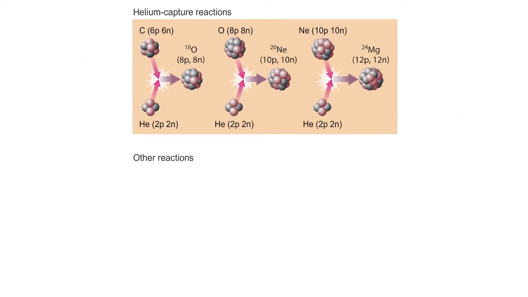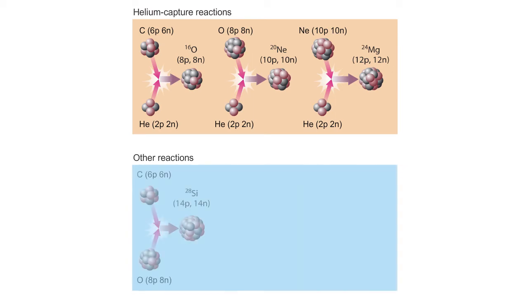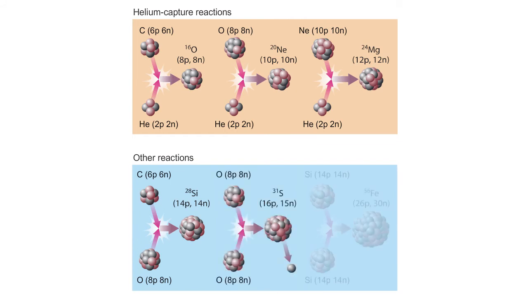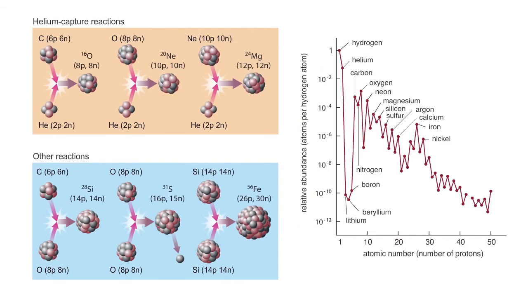Many other reactions also occur as the core temperature rises higher, but models indicate that some of the most common should include the fusion of carbon and oxygen to make silicon, 2 oxygens to make sulfur, and 2 silicons to make iron. Notice that all these relatively common reactions produce nuclei with even atomic numbers, which is why these elements are more common than the odd-numbered elements between them.